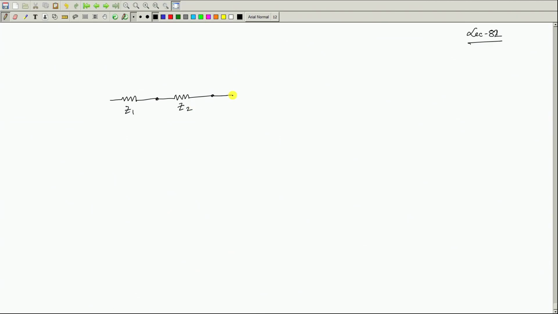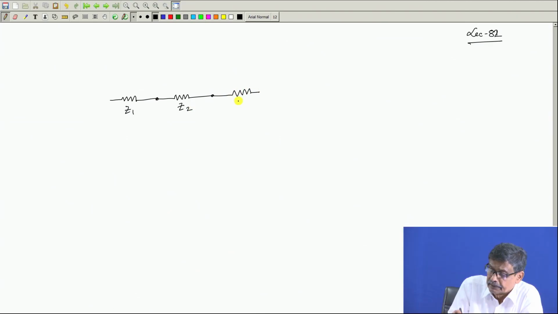Suppose there are 4 impedances, you connect Z3, and you have Z4, a very interesting circuit. This I will use as my input, and here is my output.